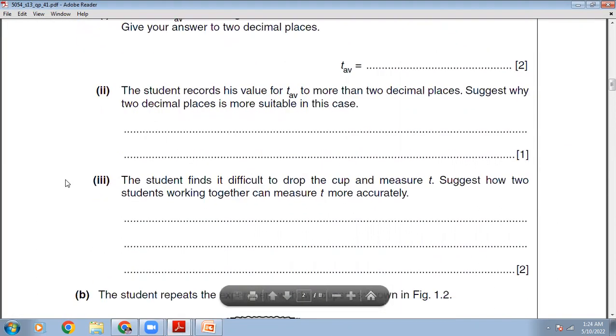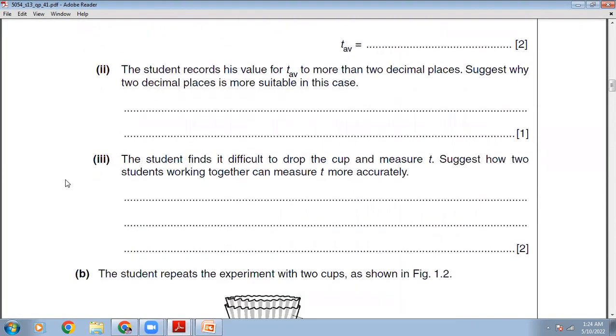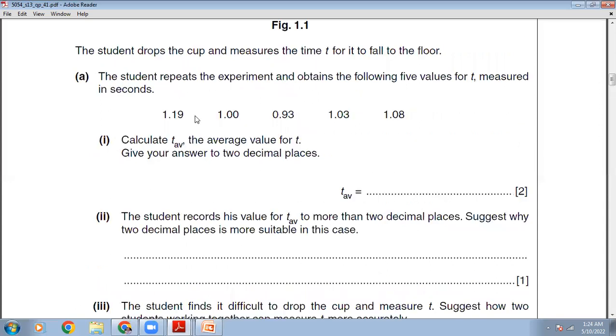Okay. Then their question is the student records his value for the t average to 2 decimal places. Just explain why 2 decimal places is more suitable in this case. If you look at your raw data, all the values in the raw data are correct up to 2 decimal places. And they have a large variation between them.